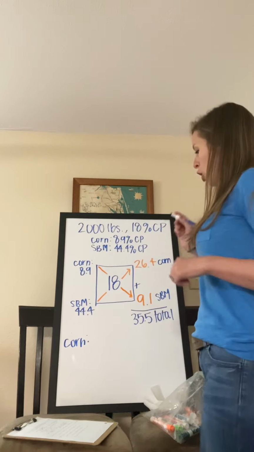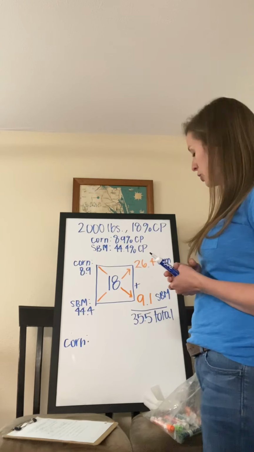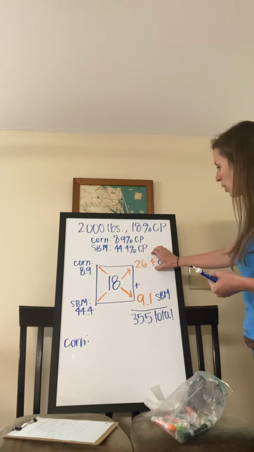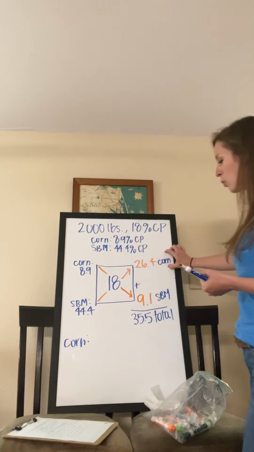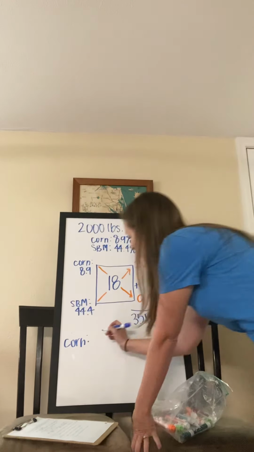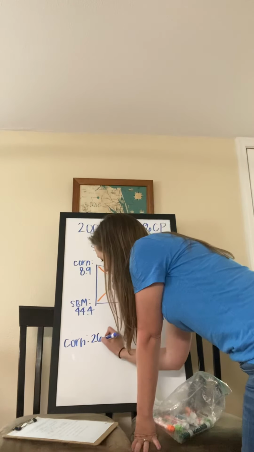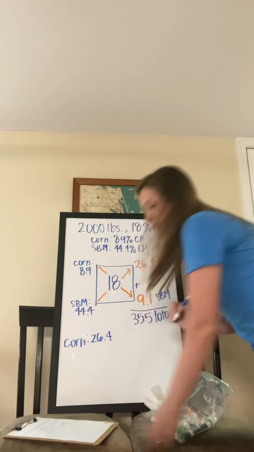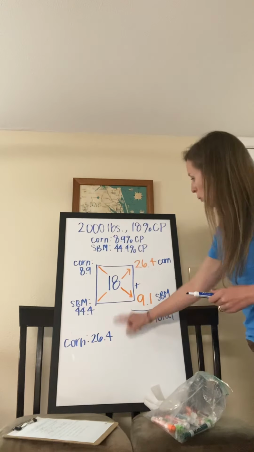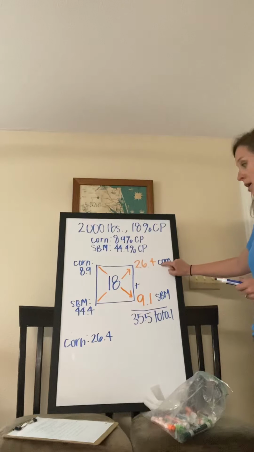With corn, here was our corn right here, 26.4. I'm gonna write that down. Okay, so 26.4, and I got that from up here at our square.